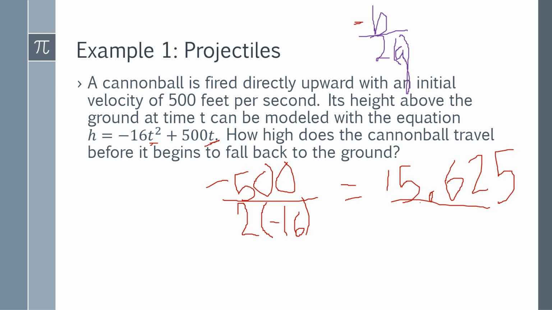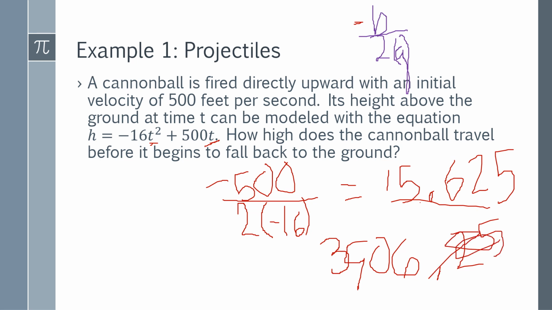And you should figure out the answer should be, so it's going to be negative 16 times 15.625 squared plus 500 times 15.625. So we get the maximum height of 3,906.